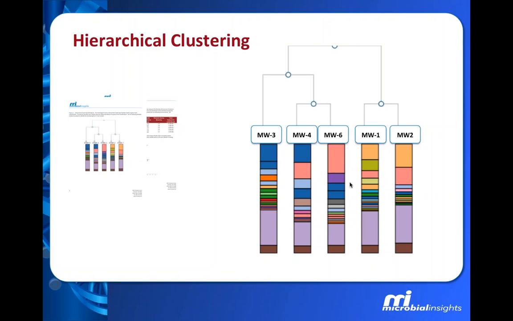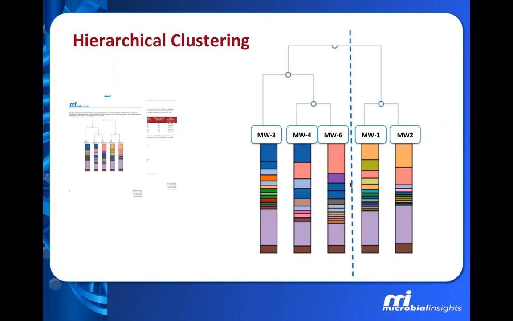So what we end up with when we do this analysis looks like a tree. Samples coming off the same branch are more similar to each other than different branches. So more precisely, the microbial community on the same branch are more similar to each other than microbial communities on different branches. So if we look at the example that I've shown, there are two main clusters.